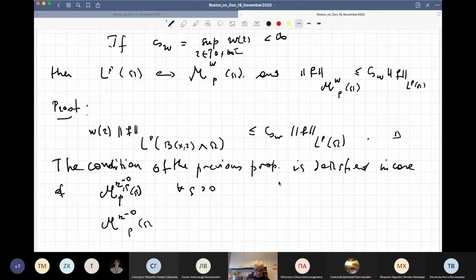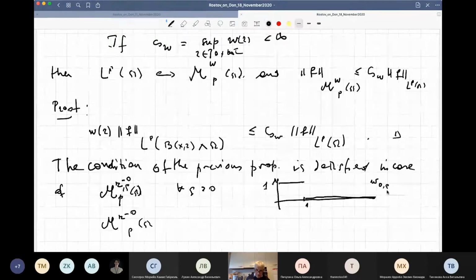Let me plot the weight here, the corresponding weight. You remember this had a weight, this function here, r to the minus lambda, and then 0. So from 1 onward, it was 0. But r to the minus 0 is this one. This is the weight W0 of rho.